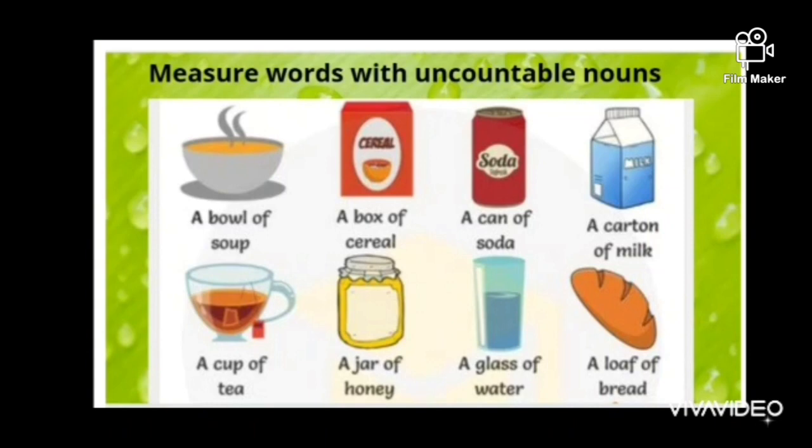For example, a bowl of soup, a box of cereal, a can of soda, a carton of milk, a cup of tea, a jar of honey, a glass of water, a loaf of bread, a piece of advice, a slice of bread. We can use these measurement words with uncountable nouns.